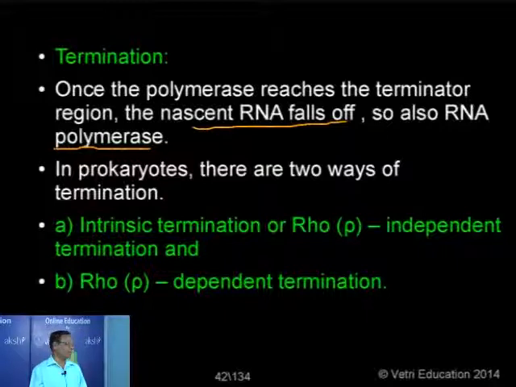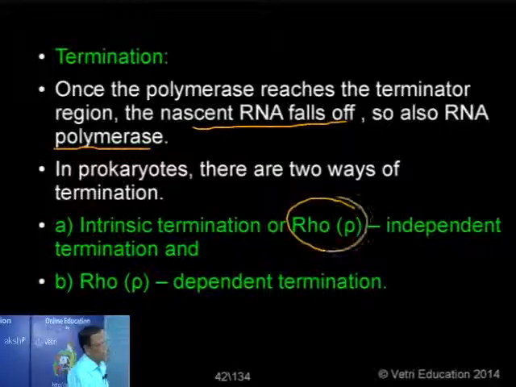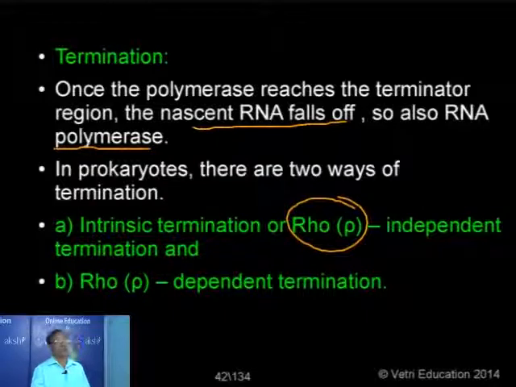I mentioned already, in prokaryotes there are two methods of termination, or termination occurs in two ways. One method is intrinsic termination, or rho independent termination, without the rho factor. In this termination, the rho factor is not involved. Some sequences found within the DNA molecule cause the termination process, that is why it is called intrinsic termination.